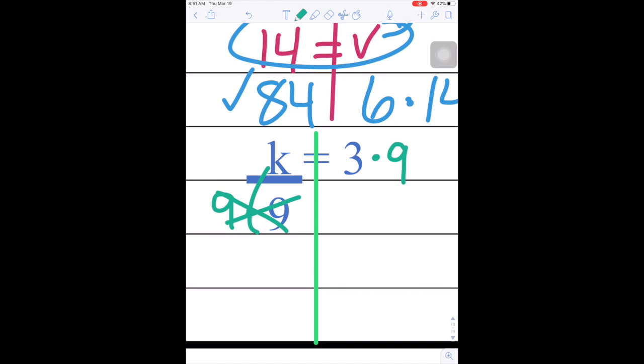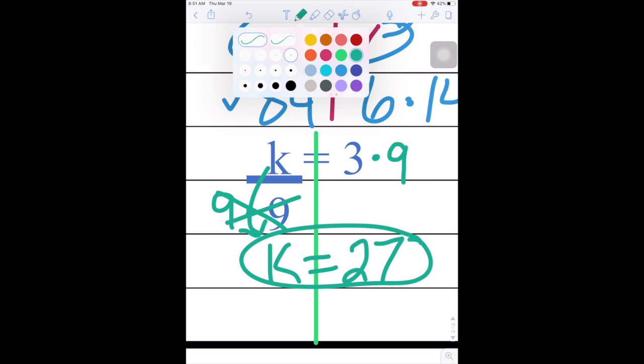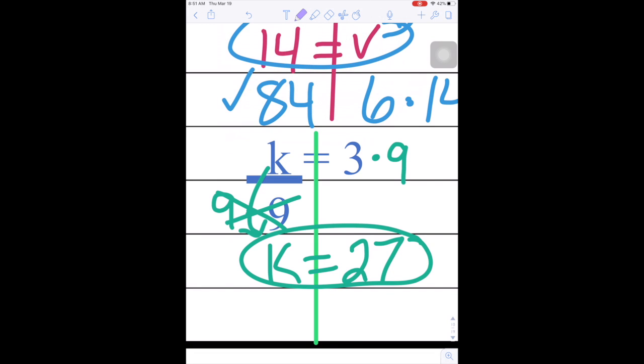This side I still have k. 3 times 9, 27. Plug it back in. If I had 27 divided by 9, I would have 3. That works.